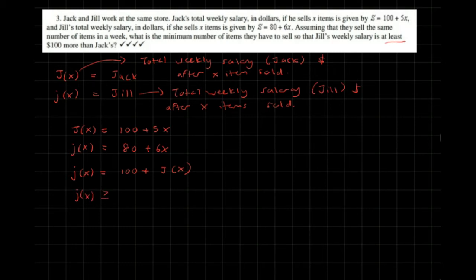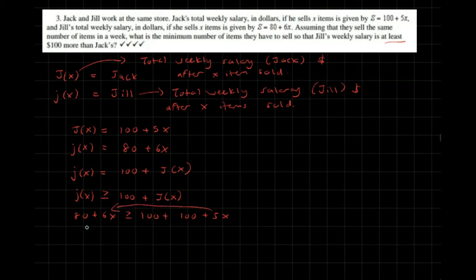So j of X is greater or equal to 100 plus Jack's salary, right? So Jill's salary, which can be expressed by 80 plus 6X, is greater or equal to 100 plus Jack's salary, which is expressed by 100 plus 5X. What I want to do here is solve for my variables.